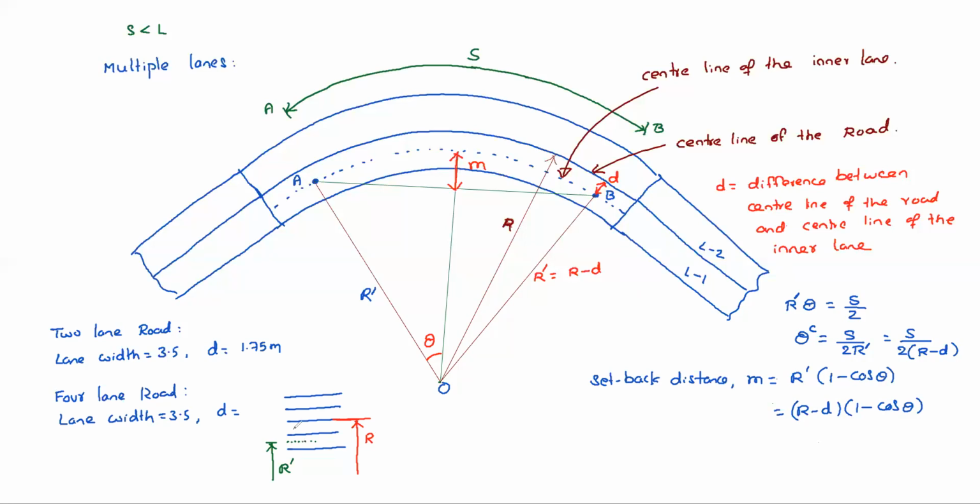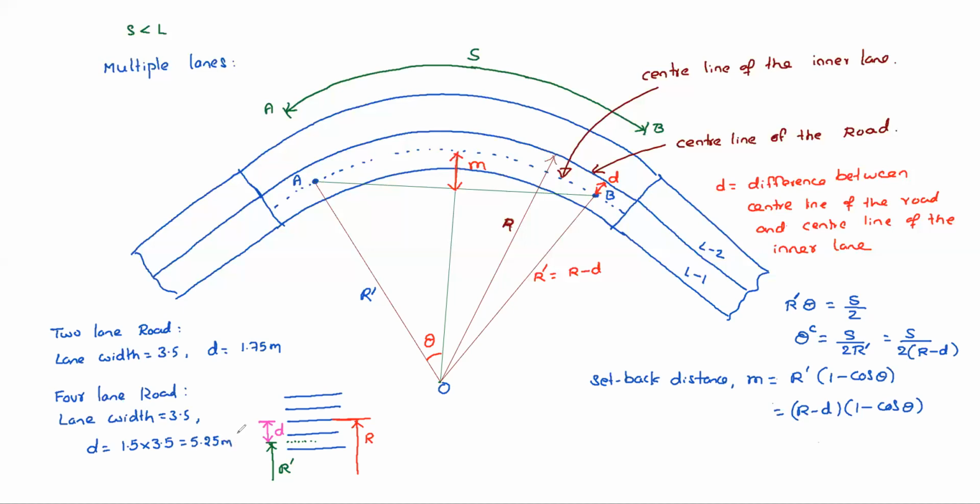D is the distance between the center line of the road and the center line of the inner lane. You can observe here D. It is 1.5 times the lane width, right? So D equal to 1.5 times 3.5, that equals 5.25 meters is the D.